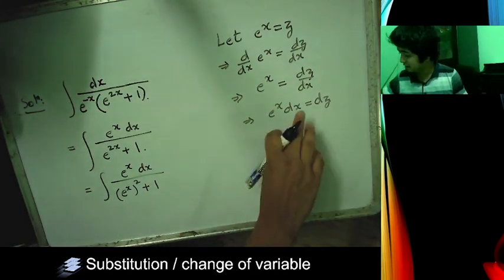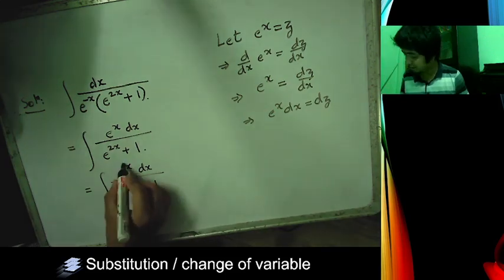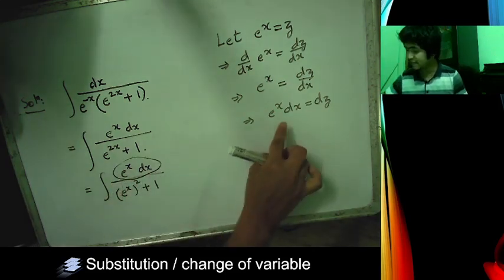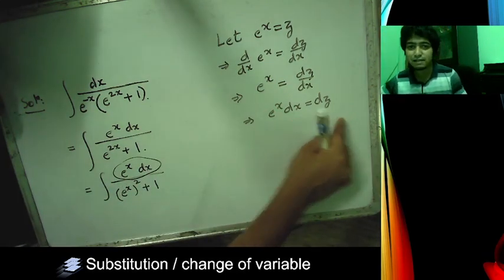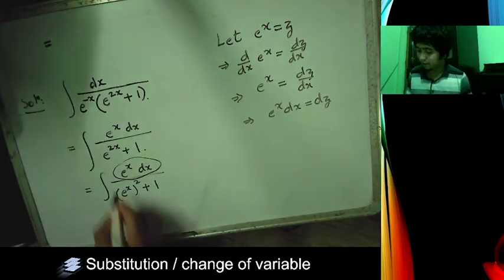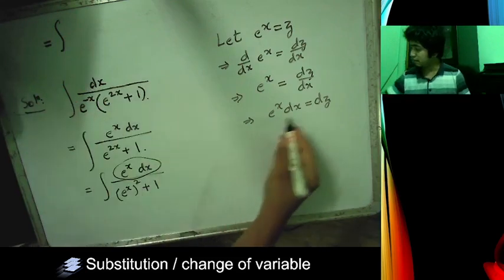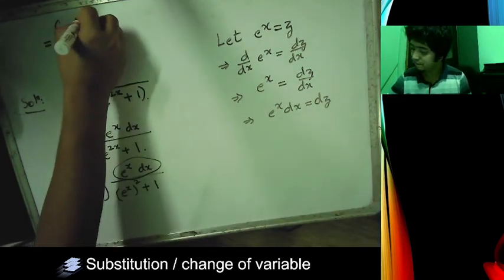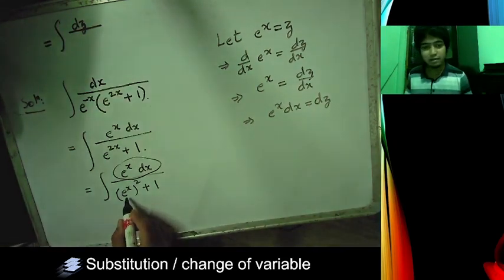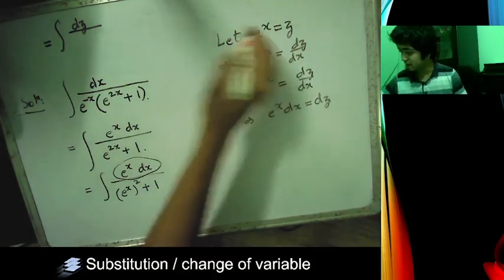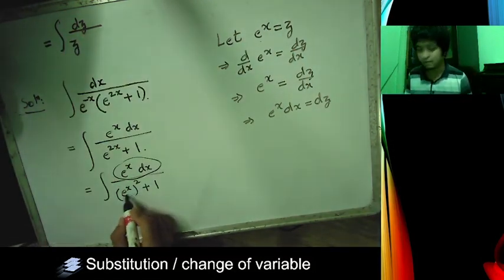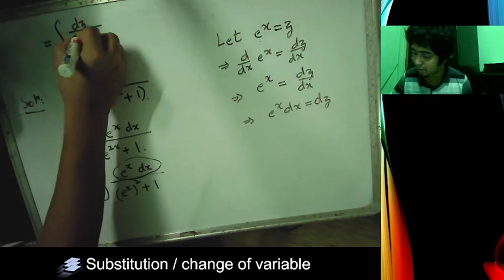We have achieved a term that we can easily replace as well, e power x dx. We can easily replace with dz. So if I continue the solution over here, e power x dx will give you dz. And over here, e power x will be z. But there is also a square, so z squared plus 1.